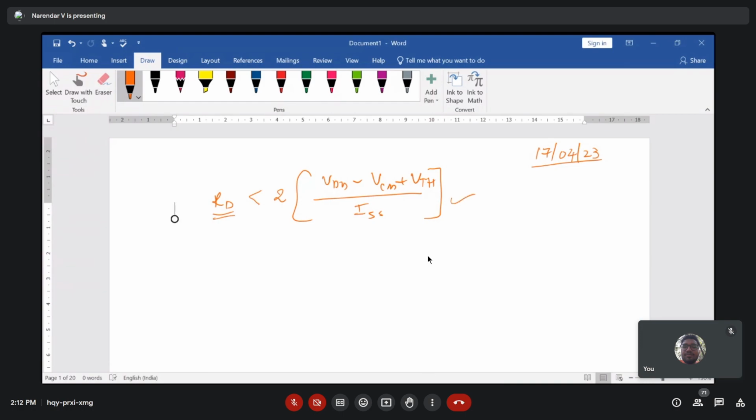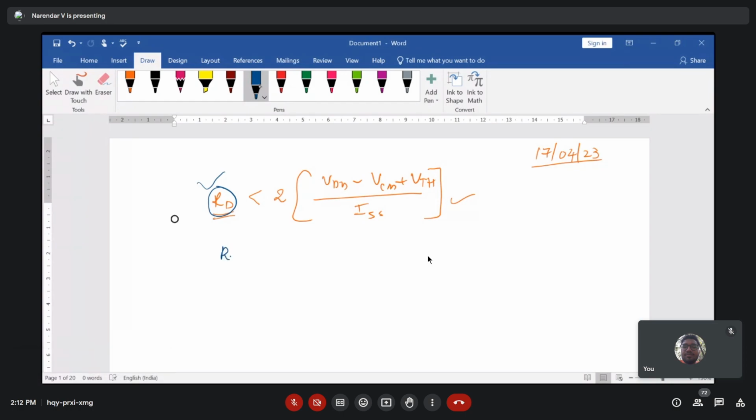So you have to fix the value of RD here, and you cannot keep increasing it, because for a given value of ISS, VDD, VCM and VTH, the RD value is fixed. There is a relation which indicates that RD should be limited.